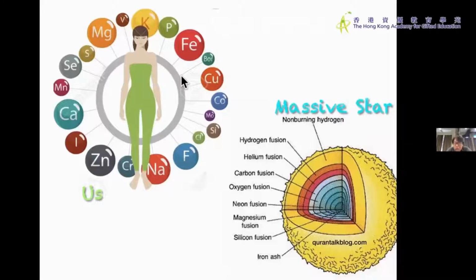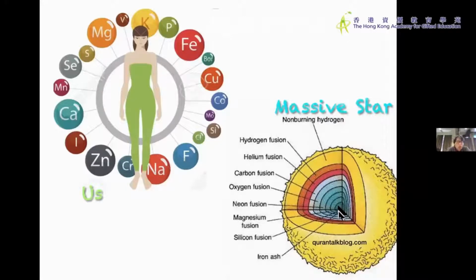They are not formed in the beginning of the universe. In fact, they can only be forged within a massive star. With the mass of the massive star, the compression due to gravity can fuse these lighter materials like hydrogen and helium into heavier and heavier elements.